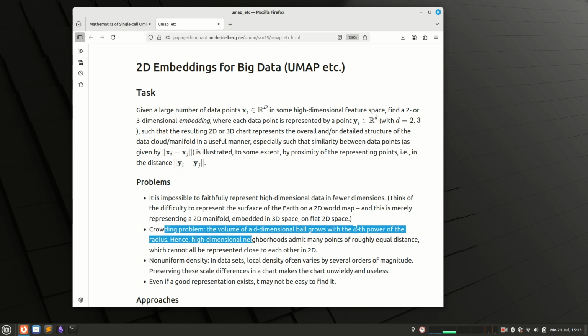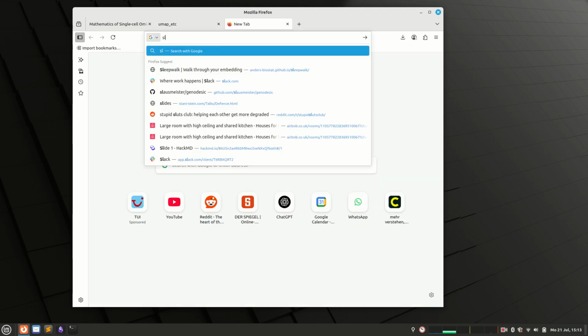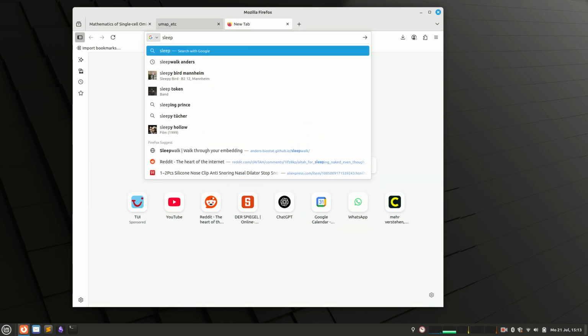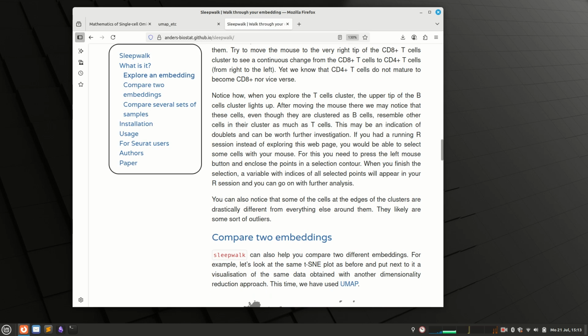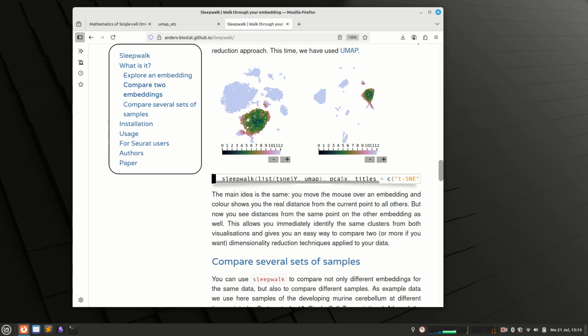Maybe I open my sleepbook page again to bring this point home. You remember, I think I've shown you this before.